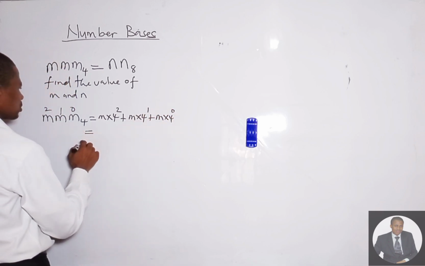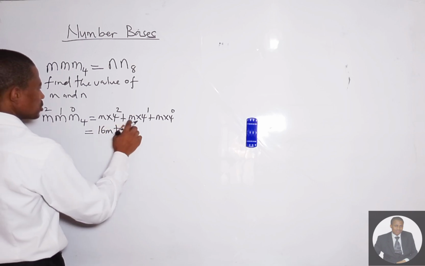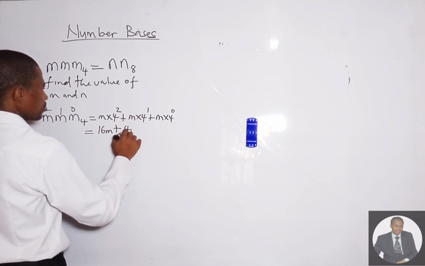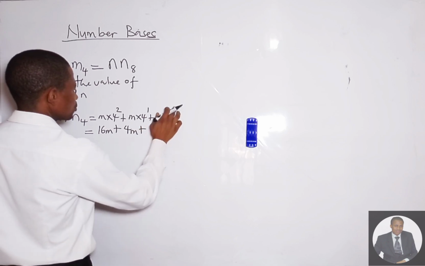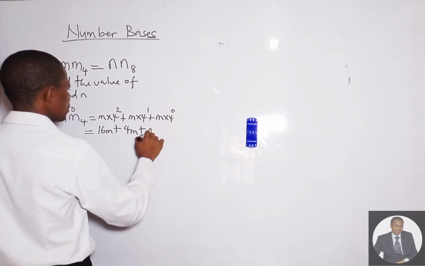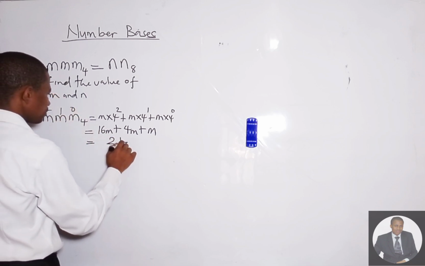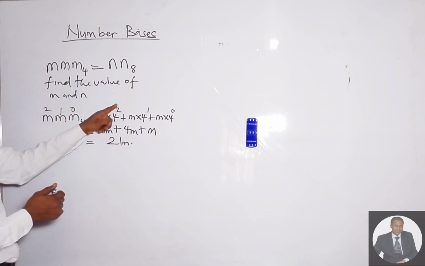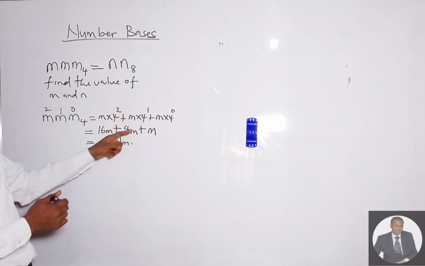And that will give us 4m plus m. What does that give us? That's 5m. 4 raised to power 1 is 4.